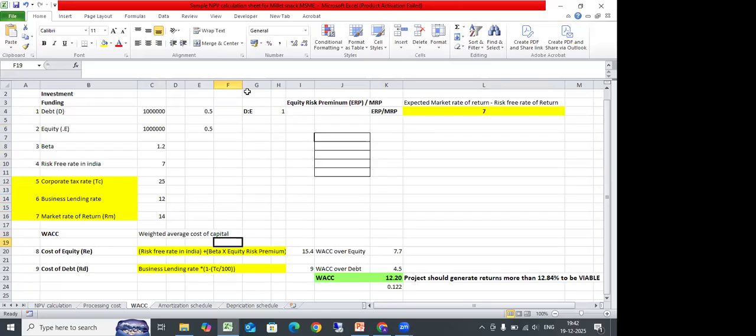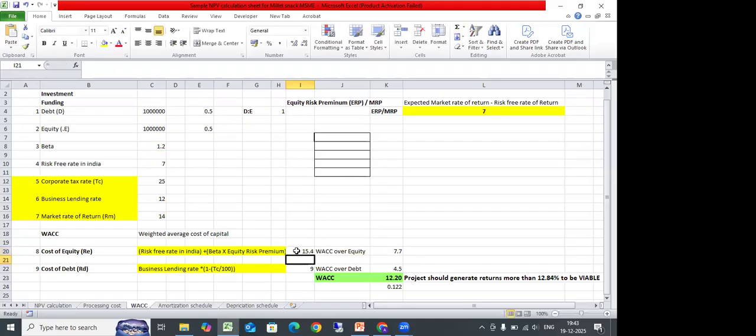Now what we will do? We will first calculate the cost of equity. What is the cost of equity formula? Risk-free rate in India plus beta into equity risk premium. That means what? Risk-free rate in India is 7 plus beta 1.2 into equity risk premium, again 7.